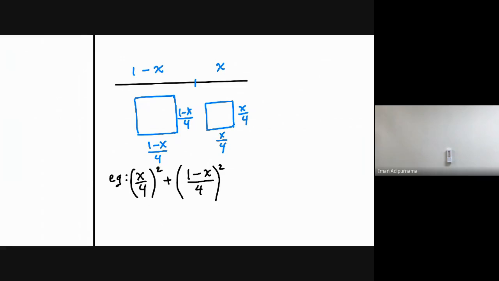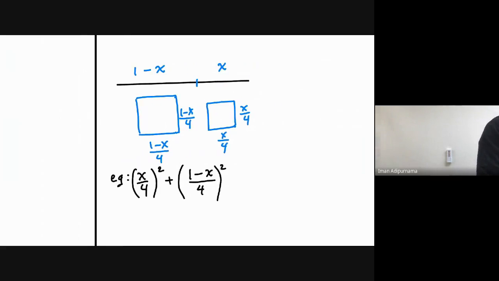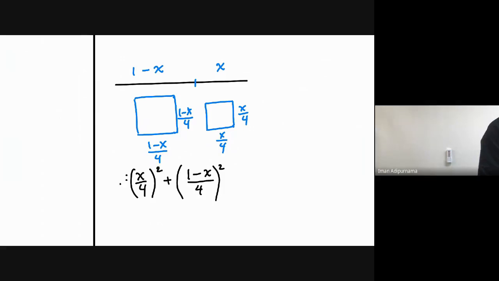So this is our equation from these two areas. We combine it and it becomes 2. Let me write this as A.